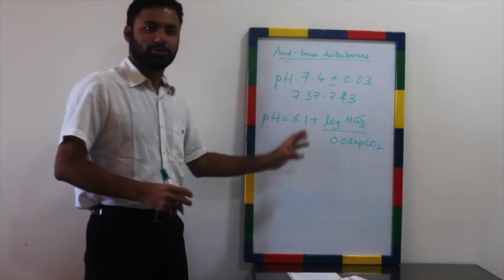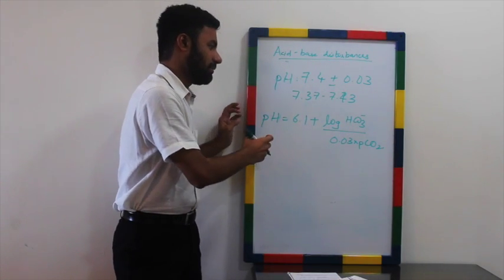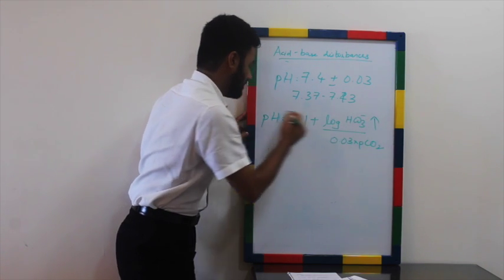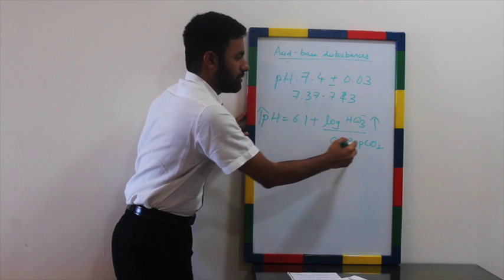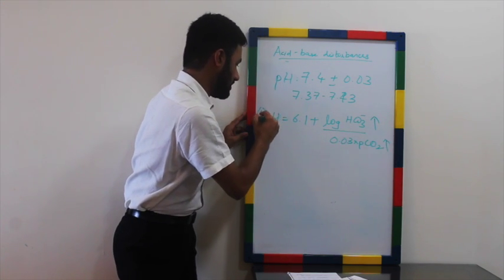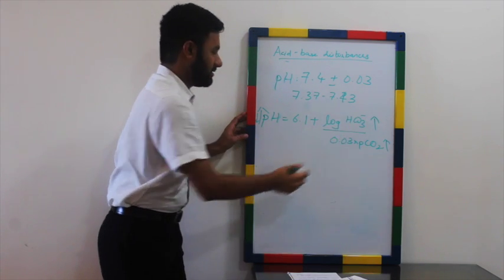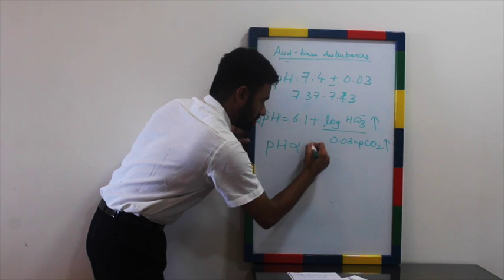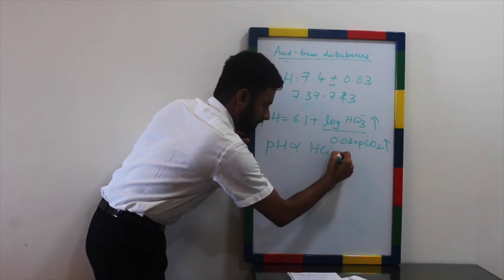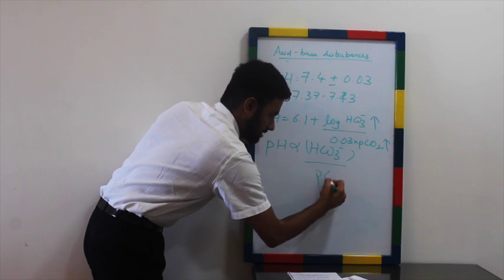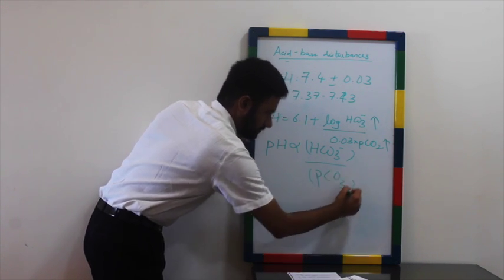Now, you don't really need to know the equation, but what you need to understand is that with an increase in bicarbonate, there is an increase in pH, and with an increase in PCO2, there is a decrease in pH, and vice versa. So, pH is directly proportional to plasma bicarbonate and inversely proportional to partial pressure of carbon dioxide.